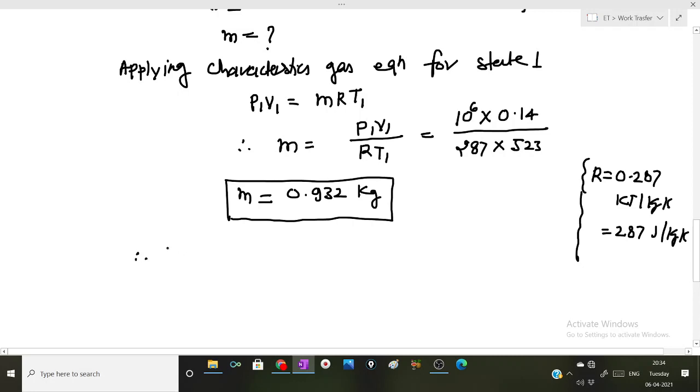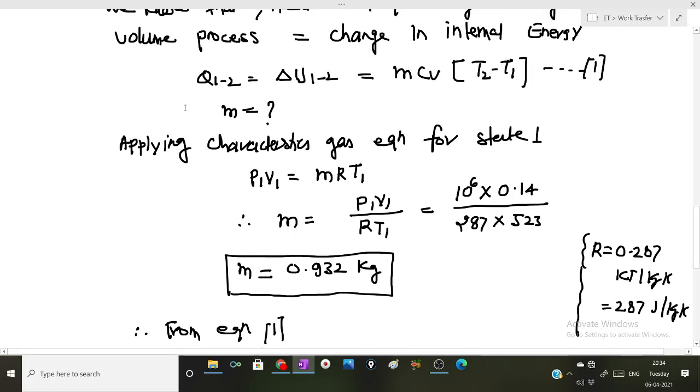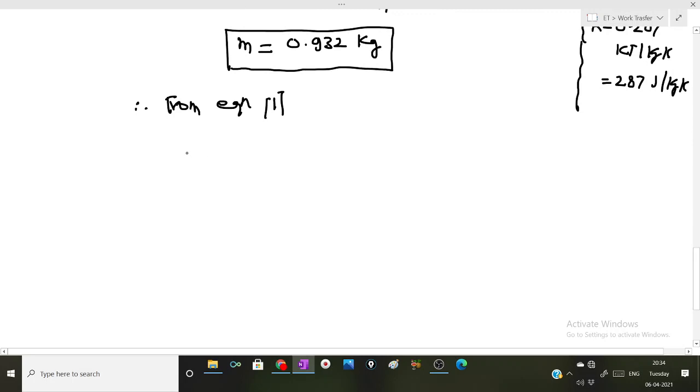Now therefore, from equation 1, Q122 is equal to delta U122, which is m Cv (T2 minus T1). Heat exchange during the constant volume process will be 0.932, the value of Cv I am considering is 0.718, and temperature difference is 183.05 Kelvin minus 523.